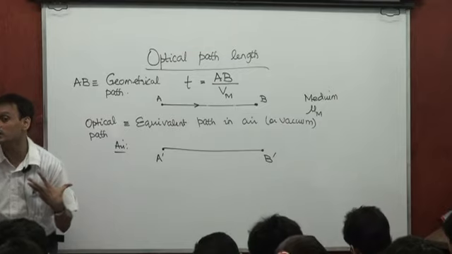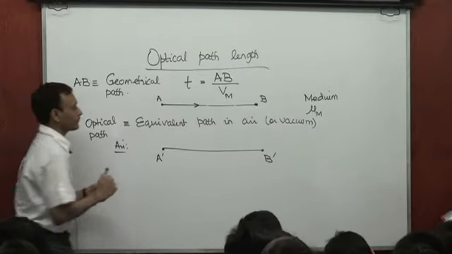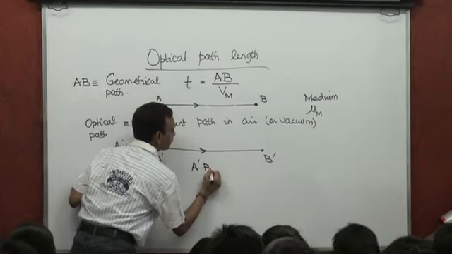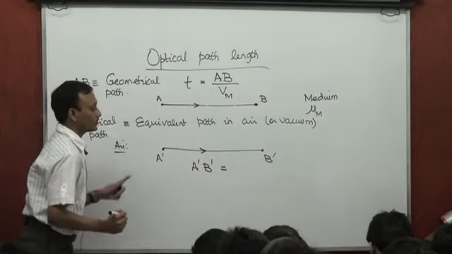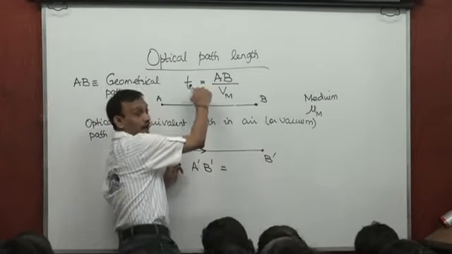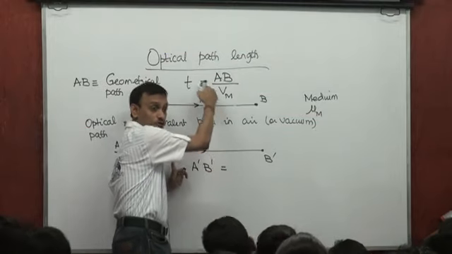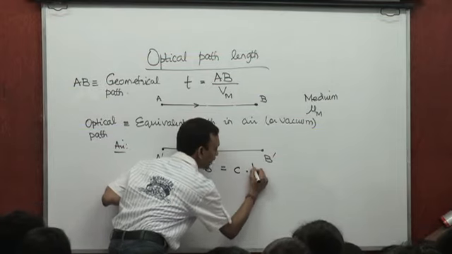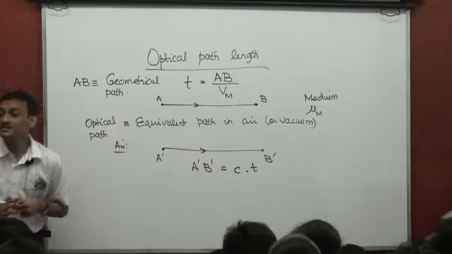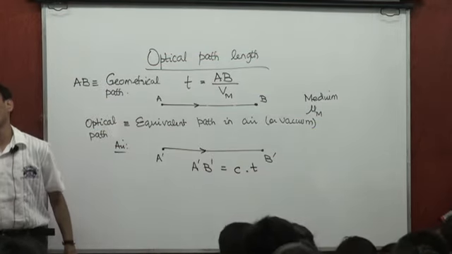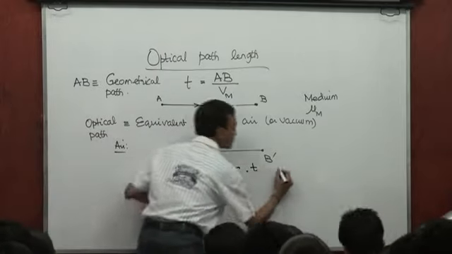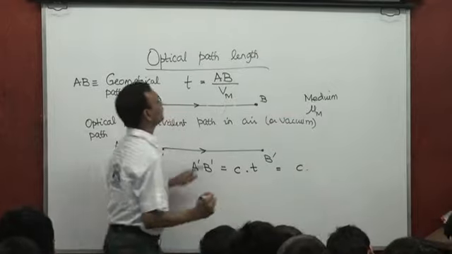It travels a distance A prime B prime in time t, which would be the velocity of light in vacuum into time t. So, c into t is the equivalent path in air, or the optical path length.